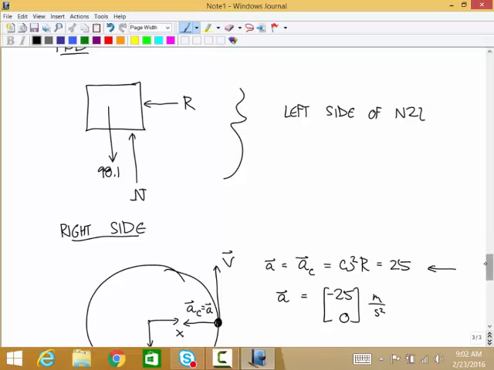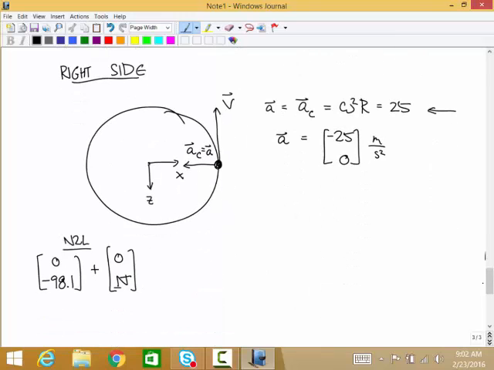Negative r. That's right. It's in the negative x direction, so that's negative r, 0. Add up those forces, and that's equal to the mass times this acceleration vector we just figured out.